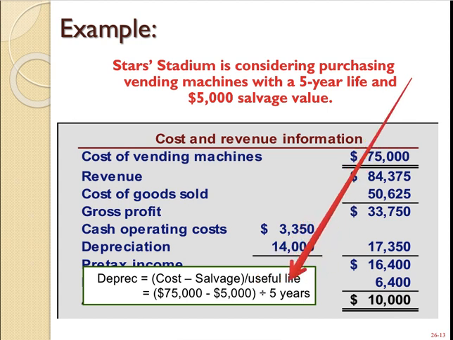And then we divide that by the useful life of 5 years, and that's how we get this $14,000. This is our annual depreciation. So this, by the way, is an annual projected income statement. We don't know for sure how much money these vending machines are going to make. Again, all of this is an estimate of what's going to happen in the future.